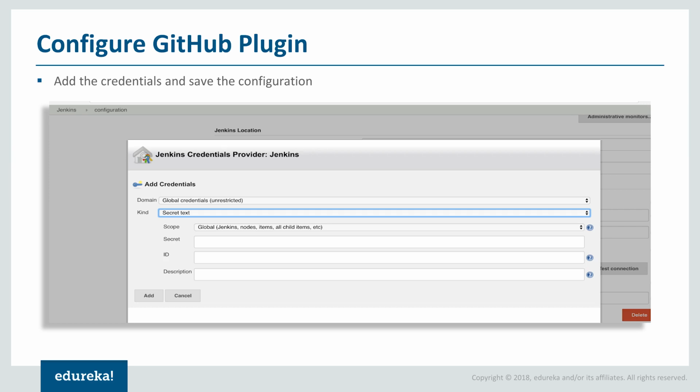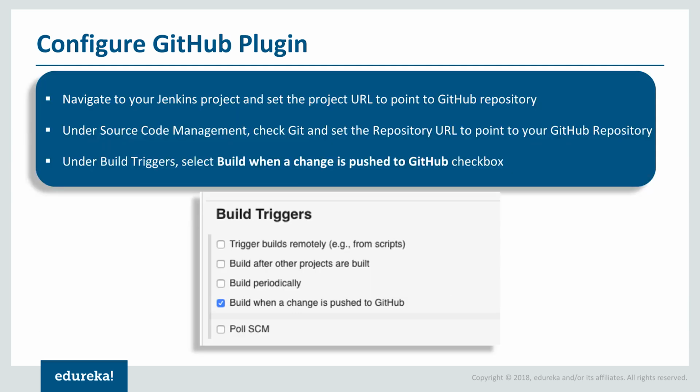That way, you don't have to mention your credentials in the main Jenkins job. If you have your own repository with which you're working most of the time, you can put these credentials one time and then you can use them for any of your subsequent job creation and job builds. So once you have configured the credentials, it's just a matter of navigating to your Jenkins project and setting the project URL.